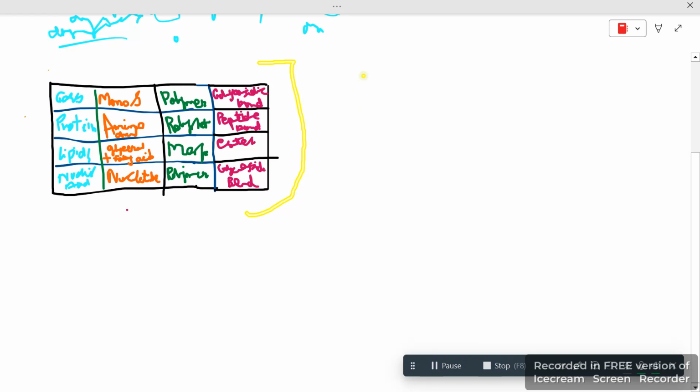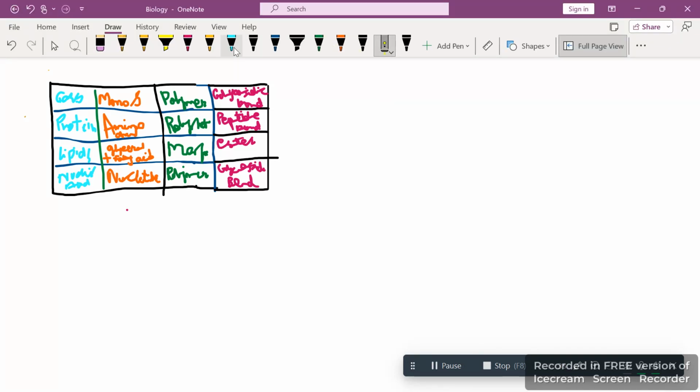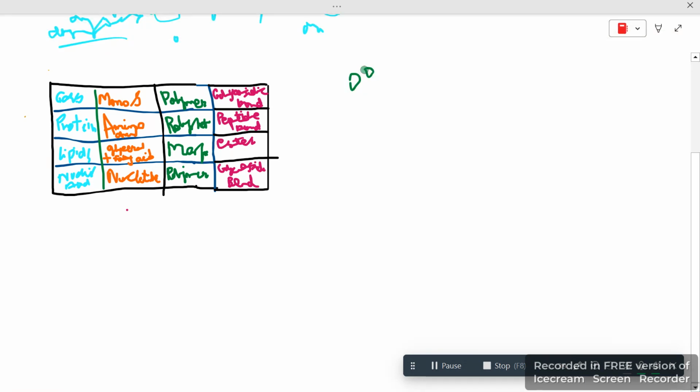So yes, let's start. If you find one ball, two, like these kinds of structures, if you find a single structure, one, two, three, four, whenever you find a single structure, that is known as a monomer.